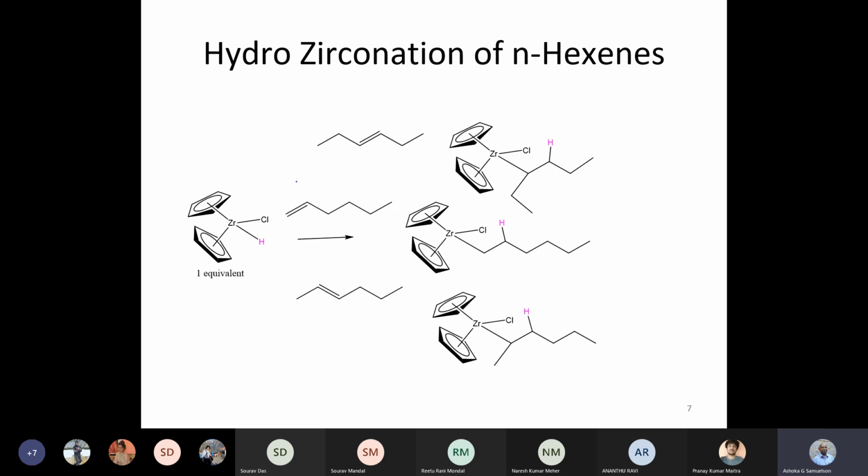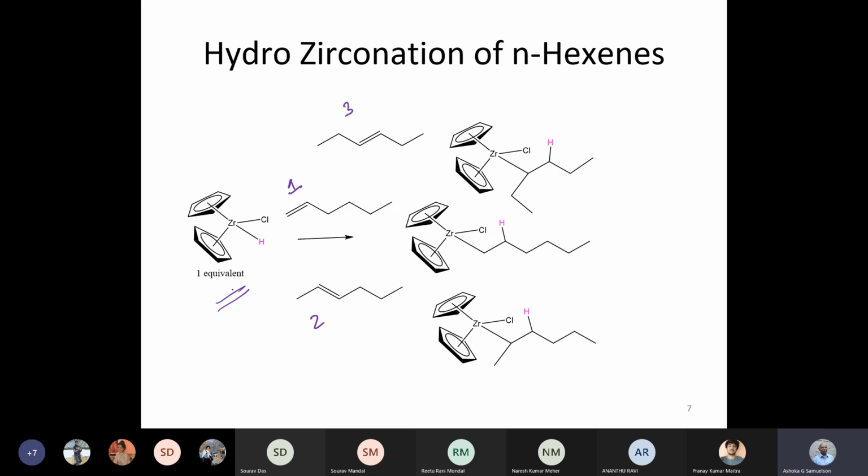One is 1-hexene, another is 3-hexene, another one is 2-hexene. Okay, so I should have said hex-2-ene, hex-1-ene, and hex-3-ene. Whatever be the case, you take a mixture of alkenes and add the Schwarz reagent.